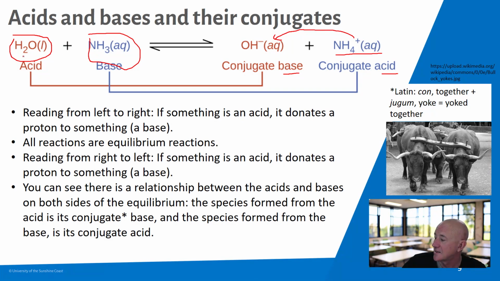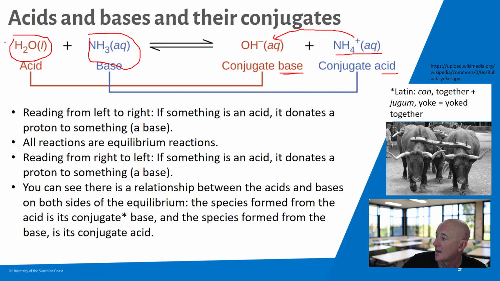So you can see here that if something gives up a proton and forms something, that something is actually going to be a base when you're reading back in the other direction from right to left. And if something accepts a proton, then it will end up being an acid, because it can then donate a proton back this way for the reaction going in the opposite direction.